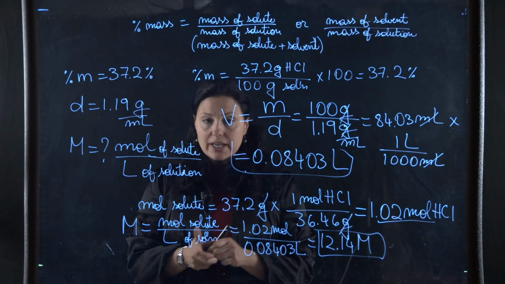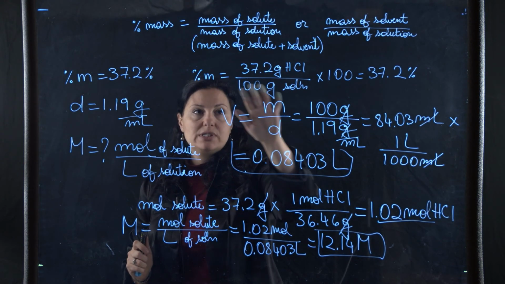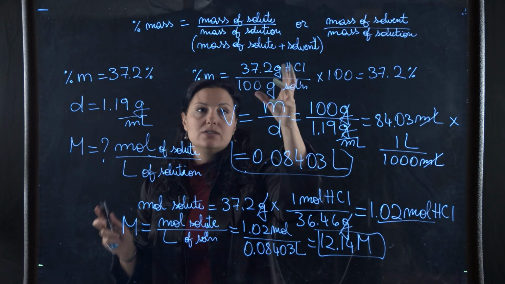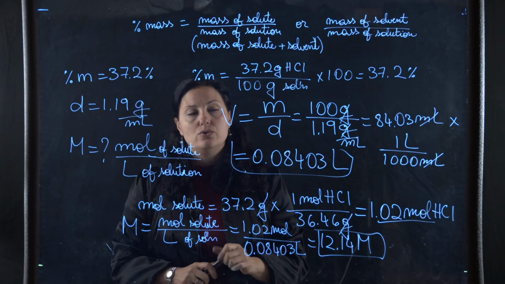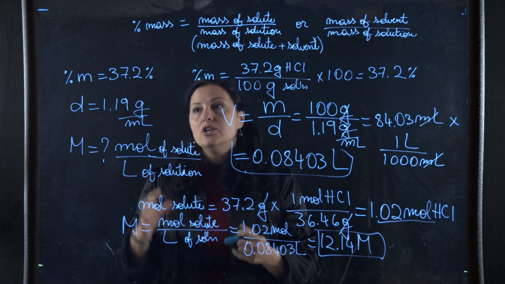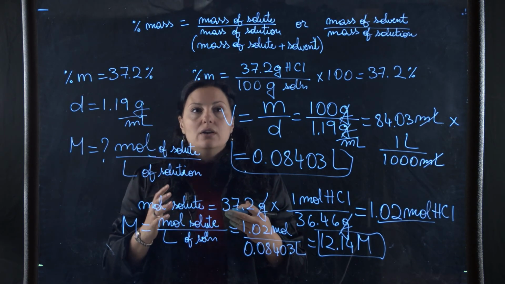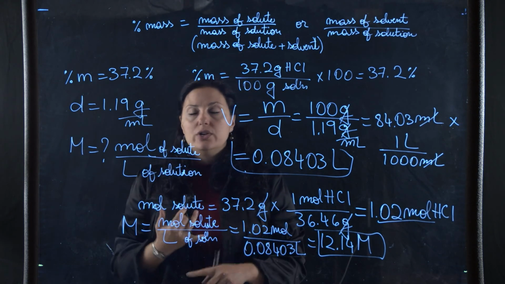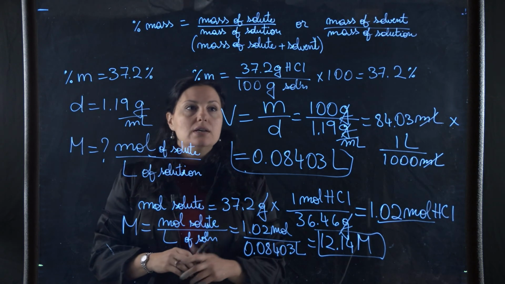Once again, the trick here was to express the mass percent in terms of 100 grams of solution, so 37.2 grams per 100 grams of solution, to understand what this mass percent tells us. You can assume this if you have neither the mass of the solution nor the mass of the solute.